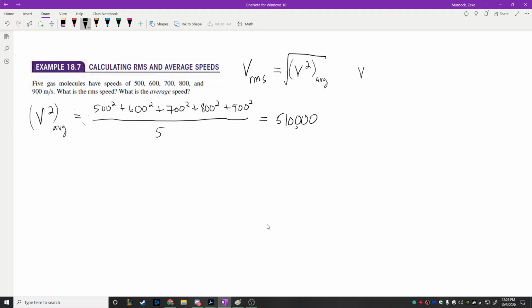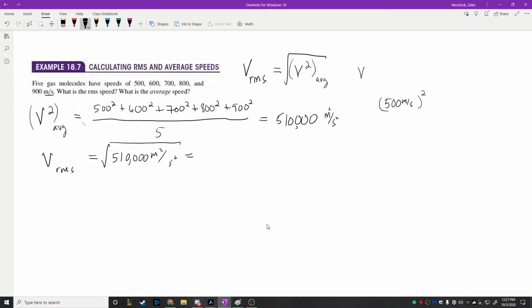I didn't write the units in here, but it's meters squared per second squared. And then Vrms is going to be equal to the square root of that. Because they're all meters per second, right? So if I take 500 meters per second and I square it, then I'm going to get meters squared per second squared. Our answer, when we take the square root, we won't have that anymore, right?